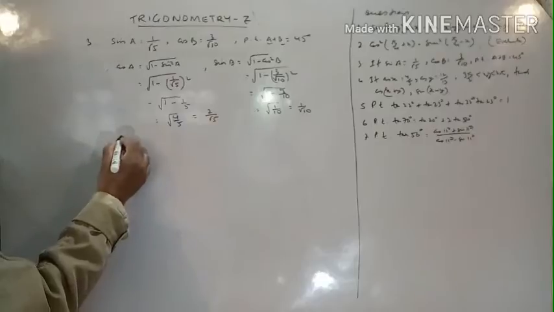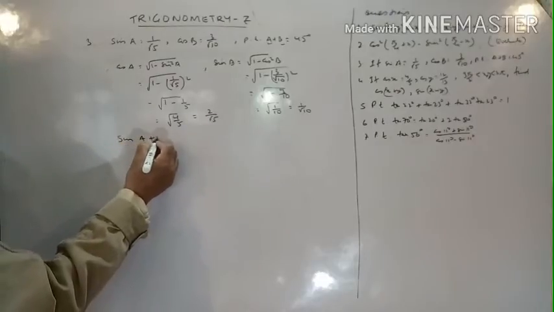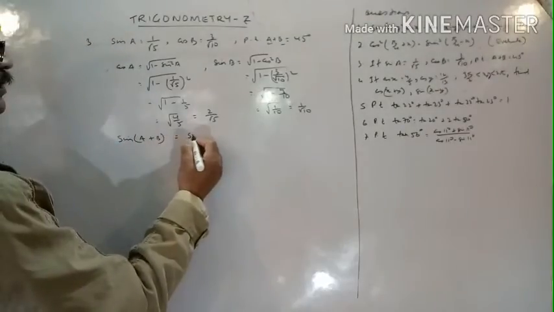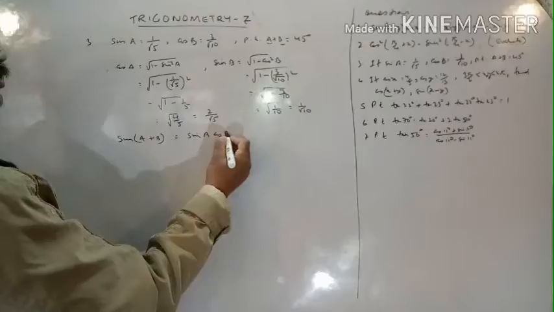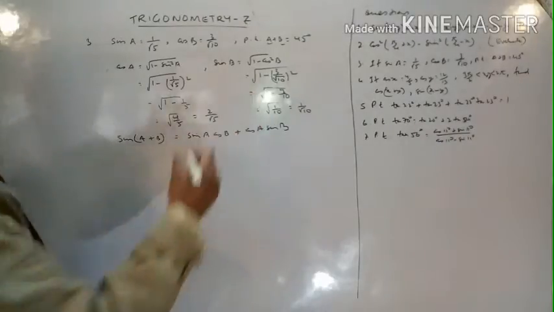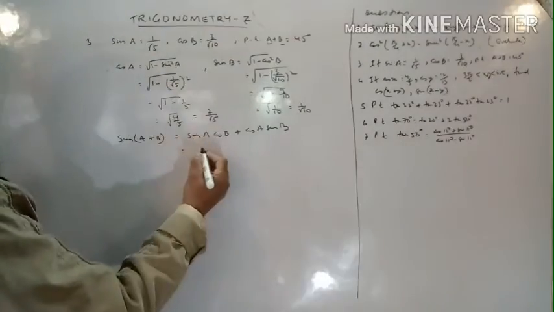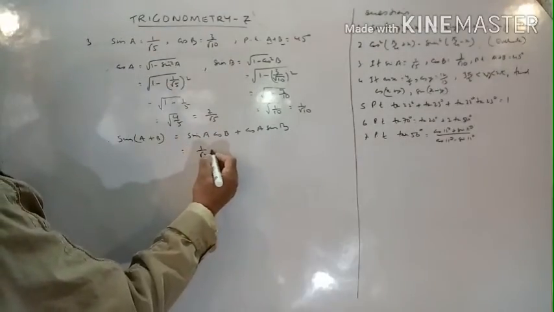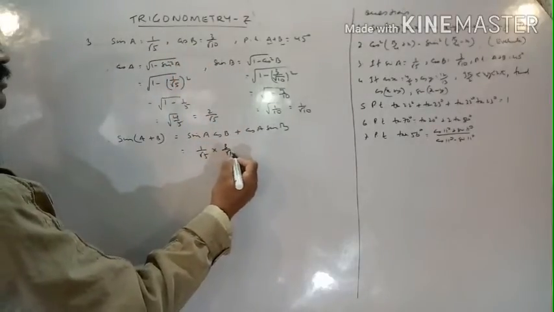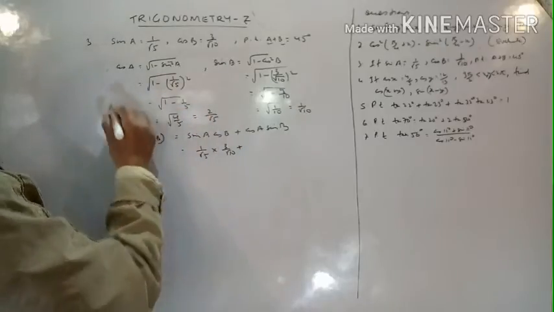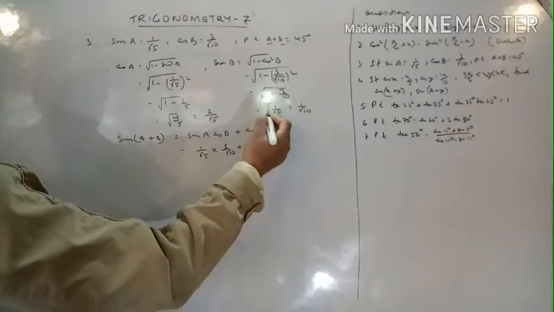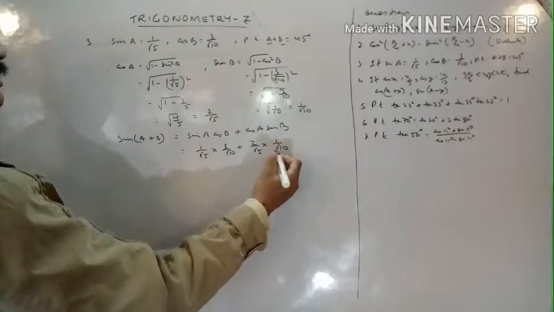So now we'll take sine (A plus B), and the formula is sine A cos B plus cos A sine B. Sine A value is 1 by root 5 into cos B, which is 3 by root 10, plus cos A, which we got as 2 by root 5, into sine B, which is 1 by root 10.